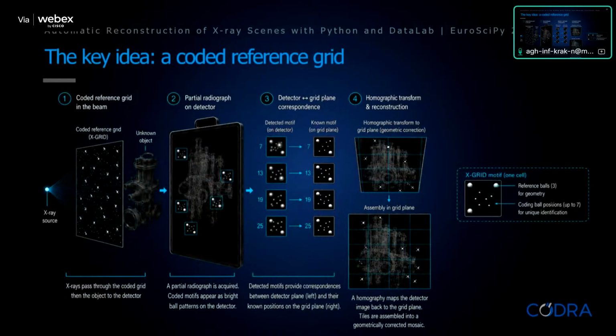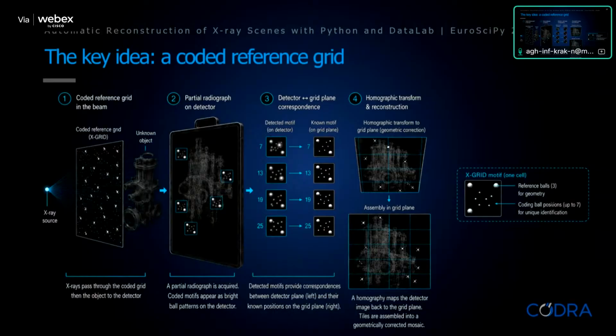So the idea is to use a grid that is composed of multiple patterns that are distributed across the grid at known positions. Each pattern is unique, a unique code, which is composed with the absence or presence of metallic balls. And so there is a code associated to each pattern.